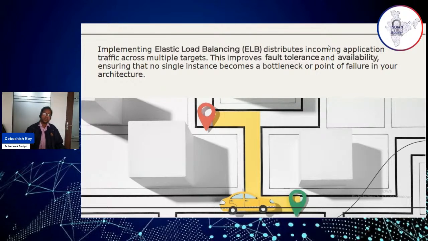This improves fault tolerance and availability, and it ensures that no single instance becomes a bottleneck or point of failure in your architecture. Because if one instance is always getting all the traffic, then it is serving 100% load, and it may fail. So you are distributing it among all the instances, so this is not happening.